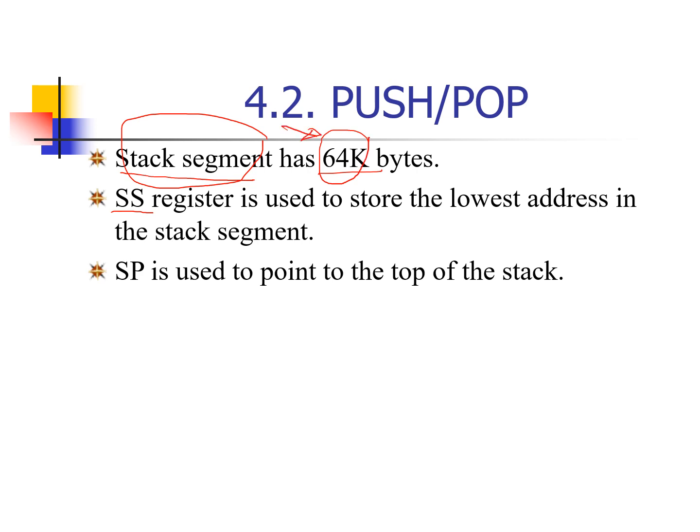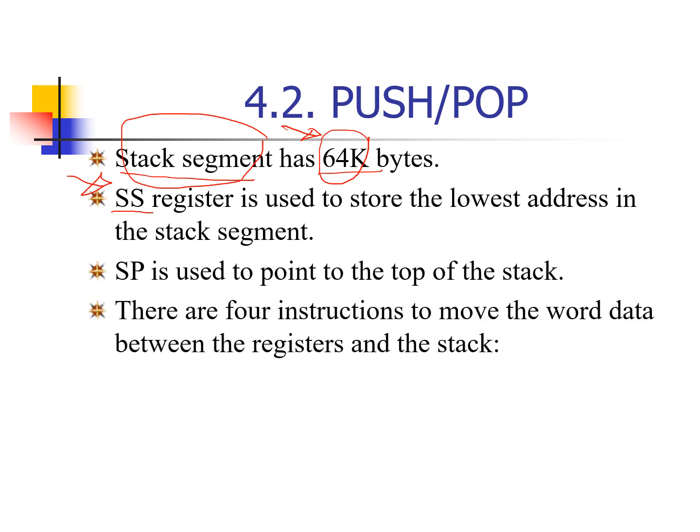The first address of a byte inside your stack memory segment is stored in your stack segment register. And there is a pointer that helps you get to some memory location inside your stack, which is known as the stack pointer. It is used to point to the top of your stack. And SS is used to point to the bottom of your stack memory segment, to the starting address.